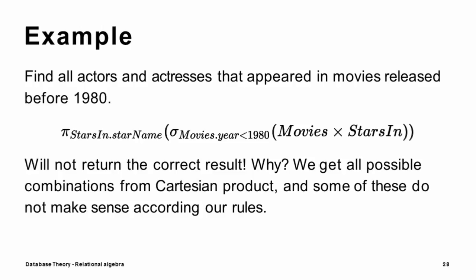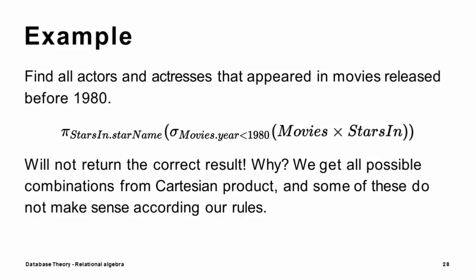So let's see if that actually works. Find all the actors and actresses that appeared in movies released before 1980. And we have our Cartesian product working here. So we're specifying that we're interested in the star name, which exists in the stars in relation.